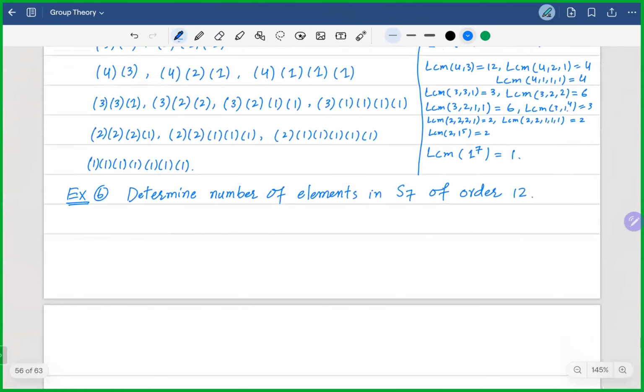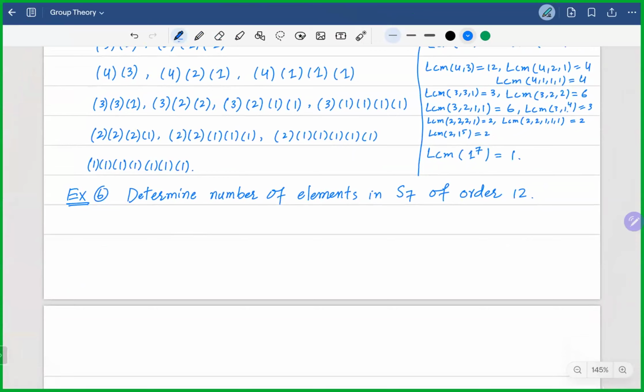So by theorem 5.2 and 5.3, we need only count the number of permutations with the disjoint cycle of the form (A1, A2, A3, A4)(A5, A6, A7), right?